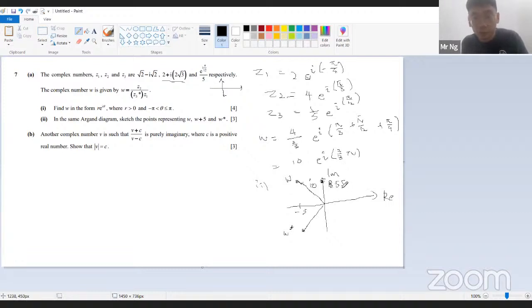Okay, 5 square root 3. Then this is your W here. Pardon my drawing, I'm trying to rush also. So this will be your W plus 5. Okay, done.